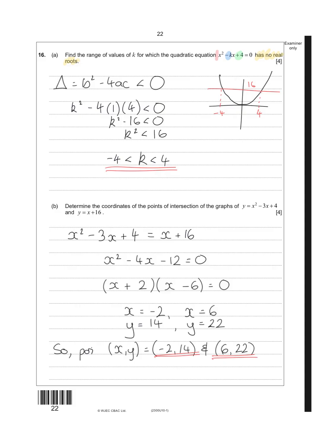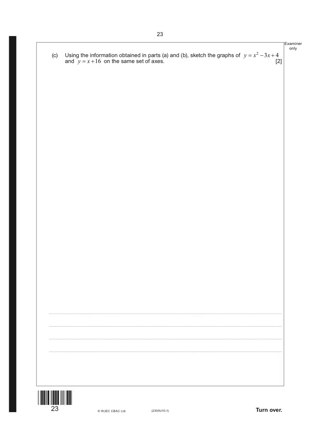Moving on to question 16, part C, I think. It gives us a pretty big steer here. We're going to use what we did in part A and B to sketch the two of those on the same axes. So we're going to have a big set of axes like this.